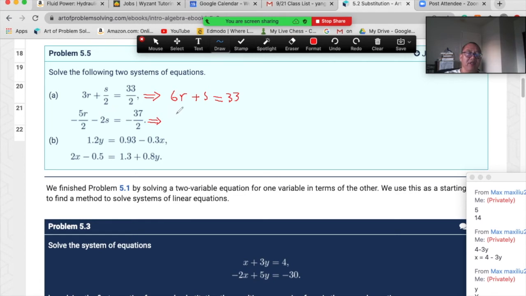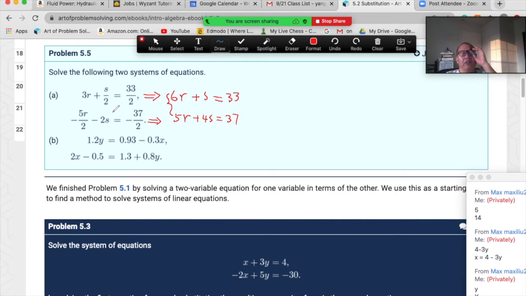Then we will get 5r plus 4s equals 37, right? So this is a new equation we get. Solving this equation is equivalent to solving this one.